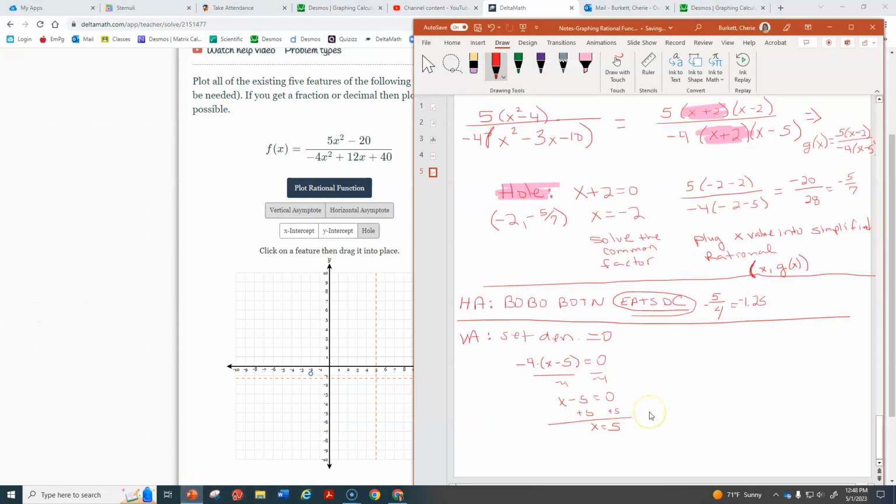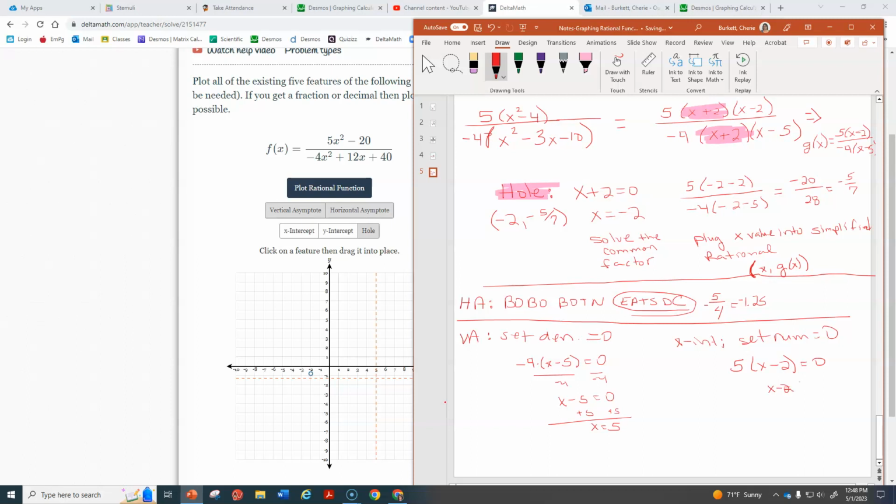We've got to do the x-intercept. How do we do the x-intercept? For x-intercept, we set numerator equal to 0. So the numerator of the simplified version. So take 5 times x minus 2 and set that equal to 0. Divide both sides by 5.